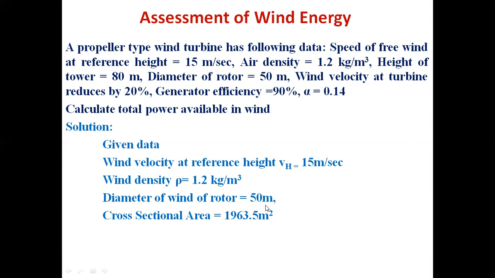When we put d equal to 50 in the formula pi by 4 into 50 square, we get the cross-sectional area of the wind turbine as 1963.5 meter square. I think there should be no issue because we are simply calculating the cross-sectional area of the wind turbine based on the diameter of the rotor, which is given as 50 meter.